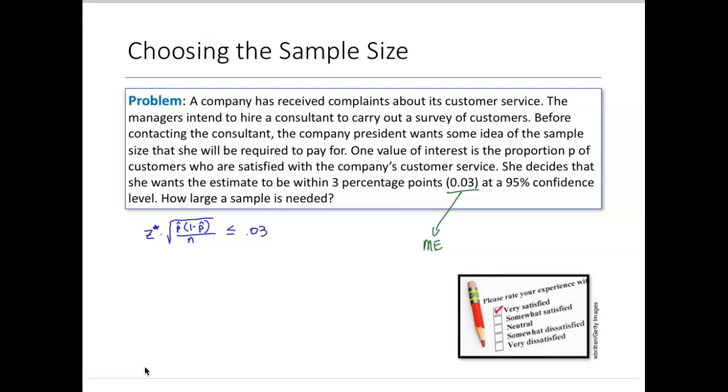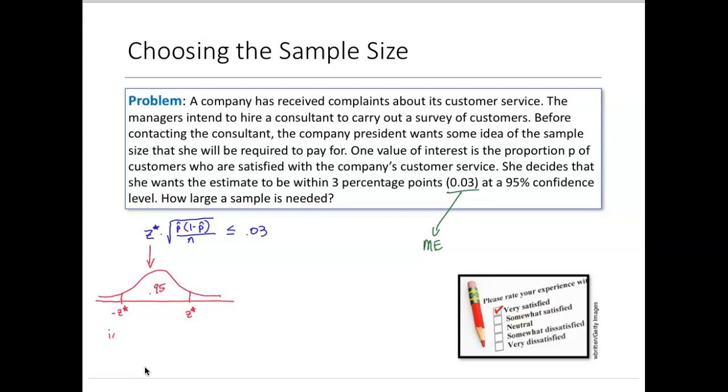All right, the z critical value, here's how we're going to figure that out. That comes from our confidence level, which we want to be 95%, meaning I want to know the z-scores that will bound 95% of the data, so 0.95 in there, right?